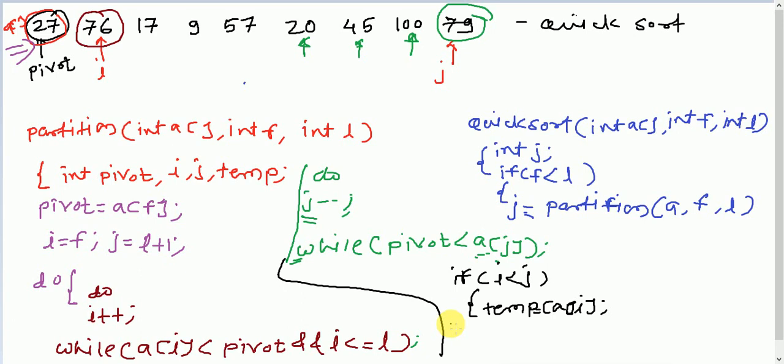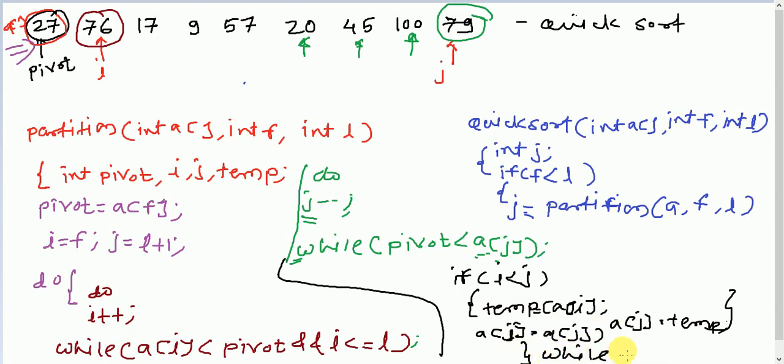At the end we are going to see the whole implementation in detail. And then A of I is equal to A of j, and then A of j is equal to temp, something like this. So we are interchanging A of I and A of j, right? How long will this continue? This whole thing will continue while my I is less than j.